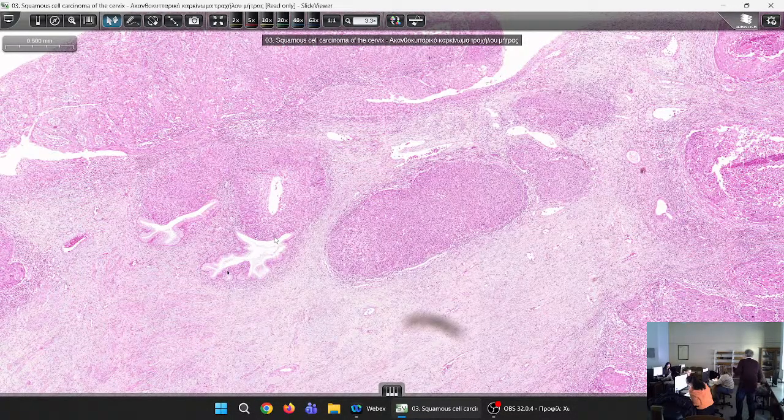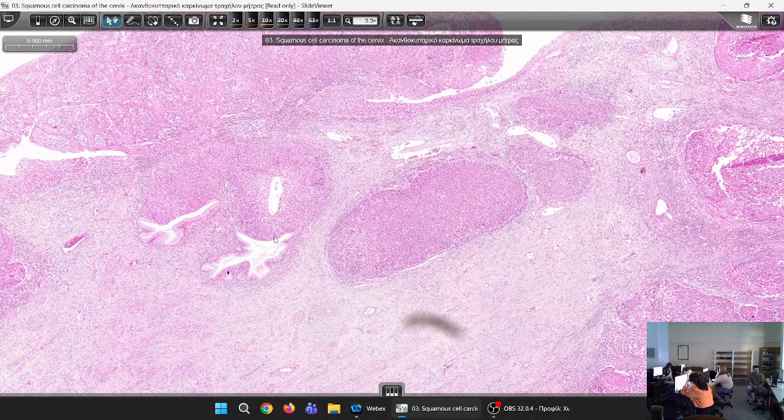So, what is the risk of misdiagnosing here? If you see formations of atypical cells within the lamina propria, what might you think there is? What do you think? Which will be an overdiagnosis. Yeah. You can misinterpret it as invasion.